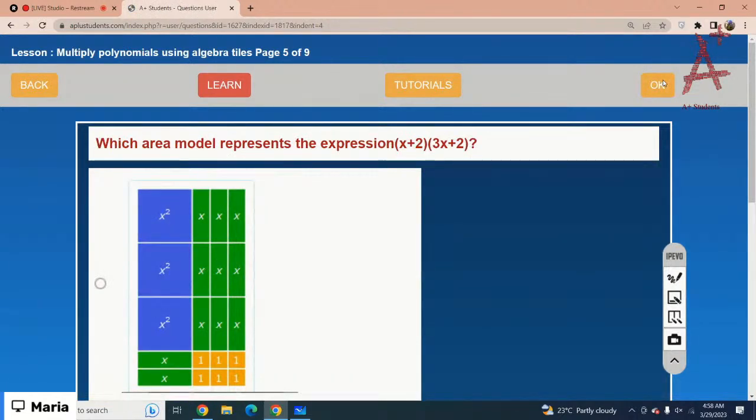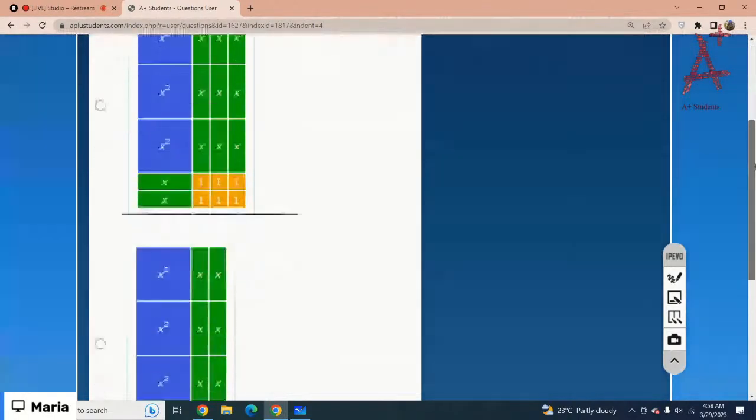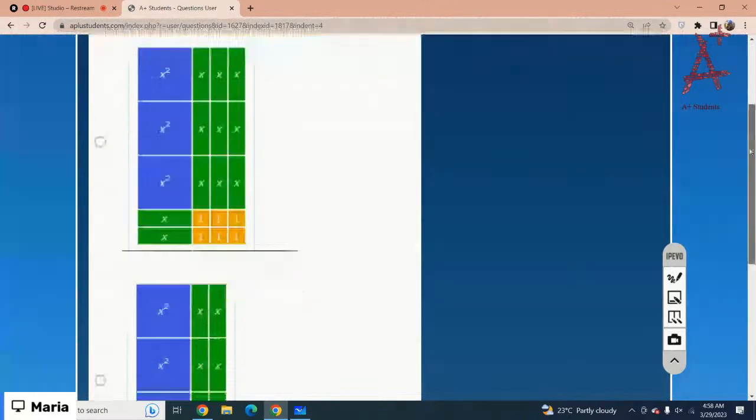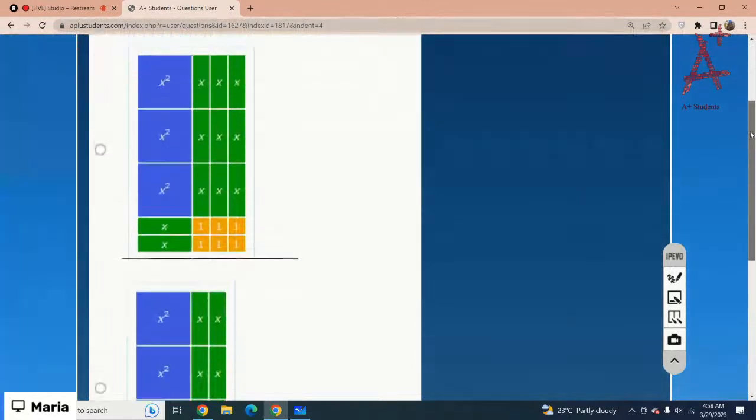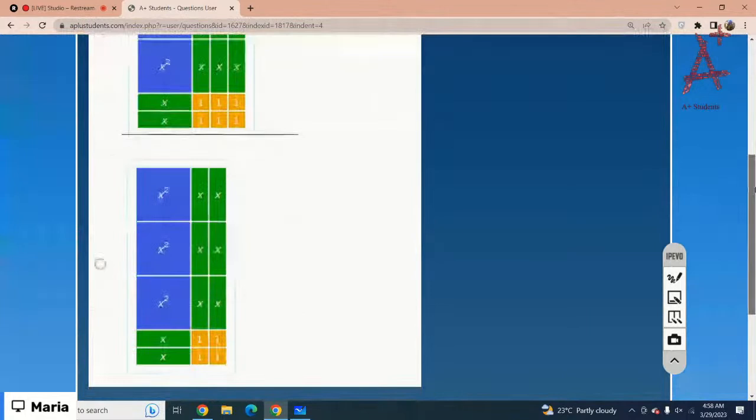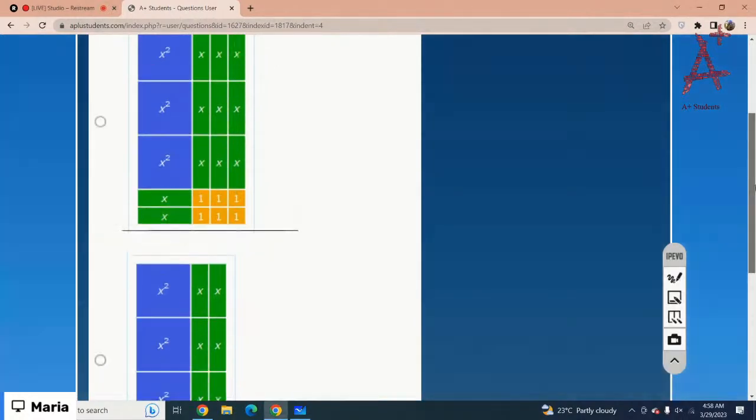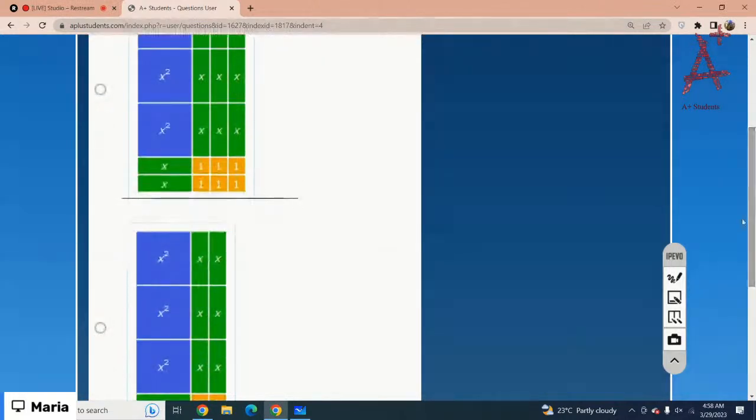The next one is which area model represents x plus 2 and 3x plus 2. You are given two of the area models. You need to see which one is x plus 2 and 3x plus 2. Here you have x plus 3 and the height is 1, 2, 3, 3x plus 2.